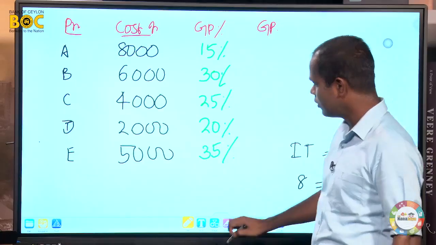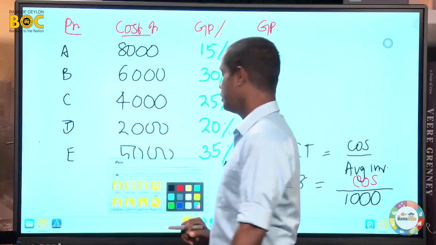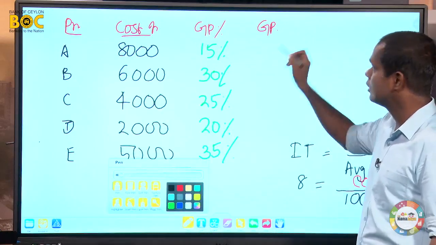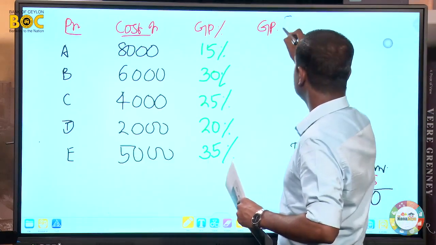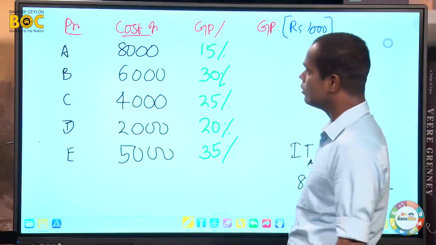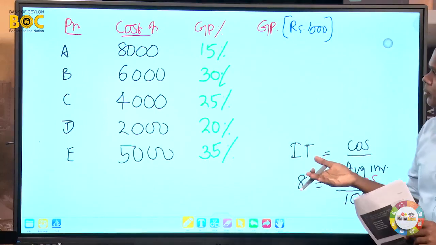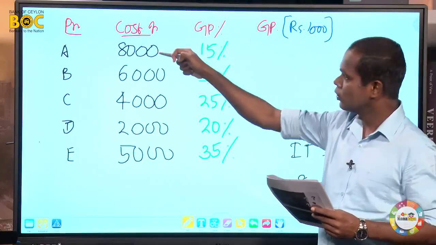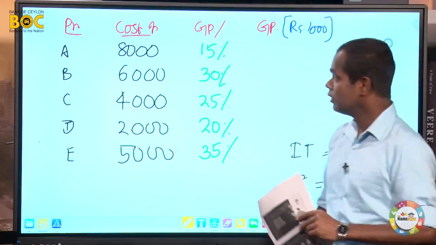Then you can calculate the gross profit rupee values. The table gives gross profit percentage on cost of sales.